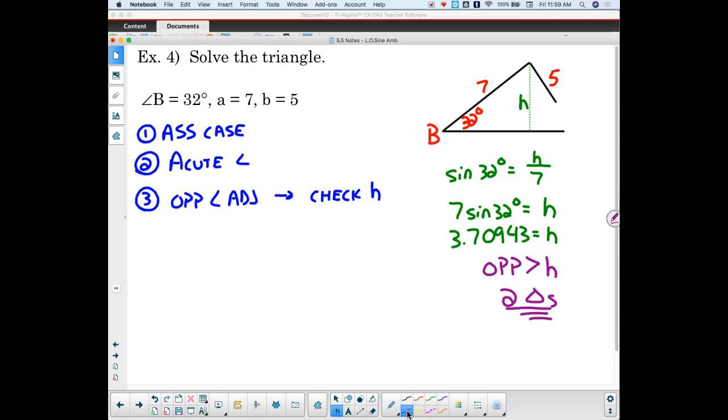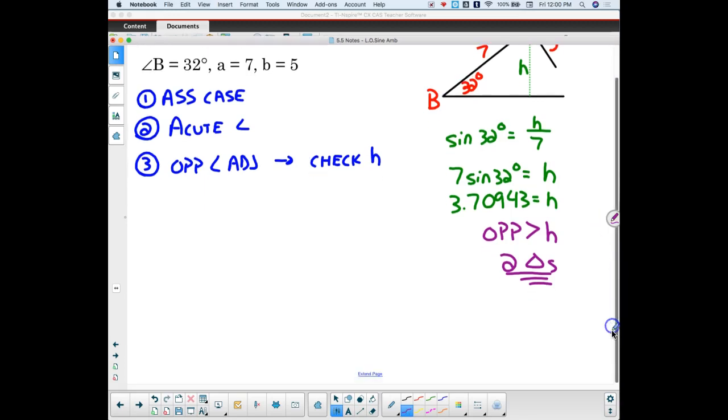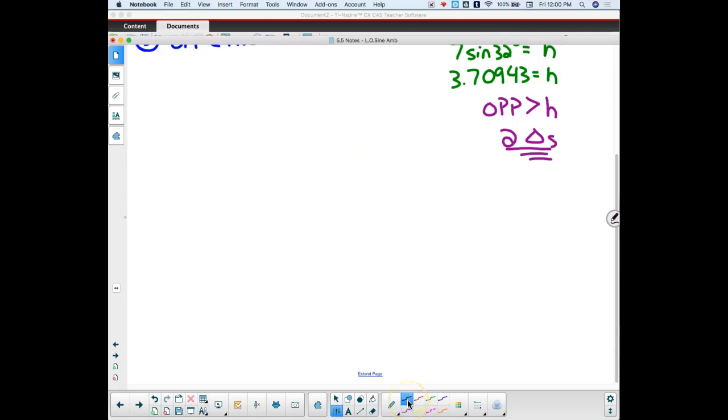So treat them separately. My first triangle, I'm going to go straight up and normal. So in my first triangle, the sine of 32 degrees divided by 5, that was my given complete fraction, is equal to the sine of angle A sub 1, because I'm on the first triangle, divided by 7.